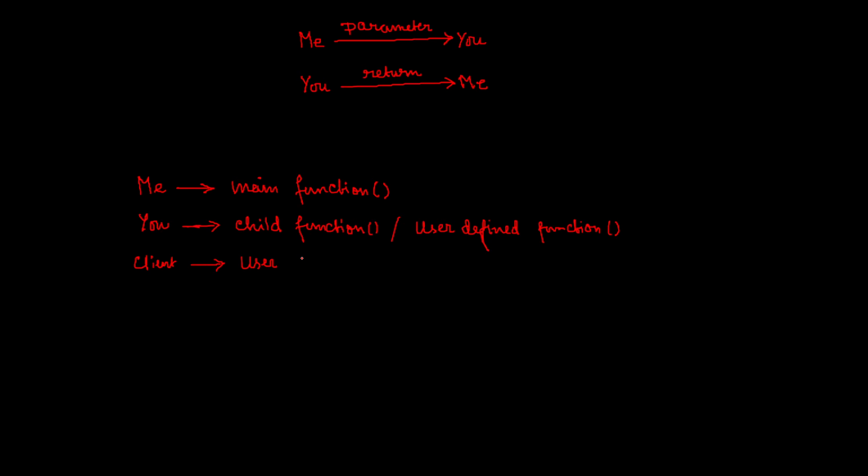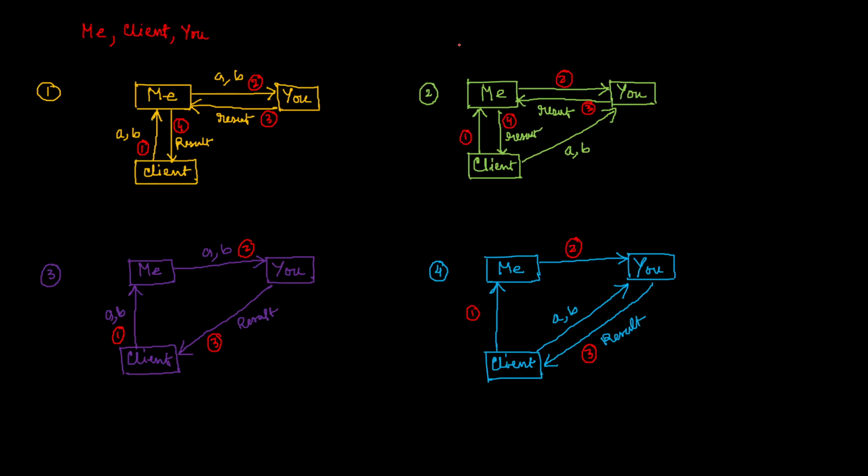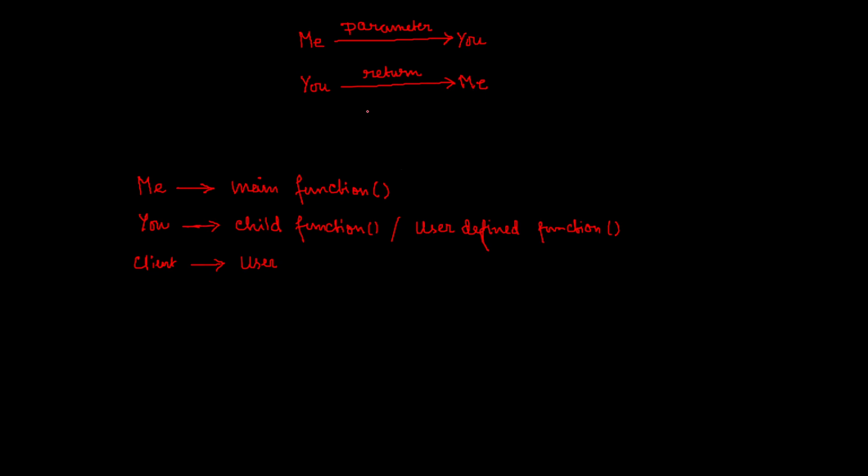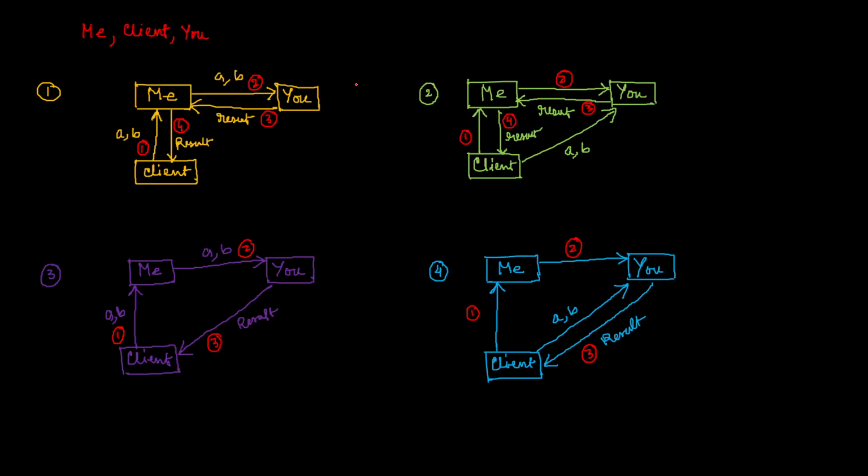So that means a function communicates with the main function, and the communication between the function and the main function happens in these two ways mainly. Now let's try to realize one more thing. As we have seen over here, you are returning results to me by returning, but in two cases returning is absent.